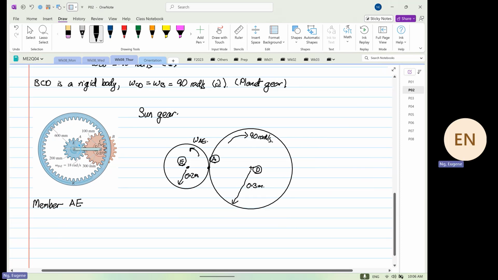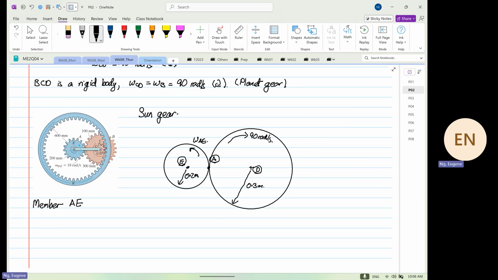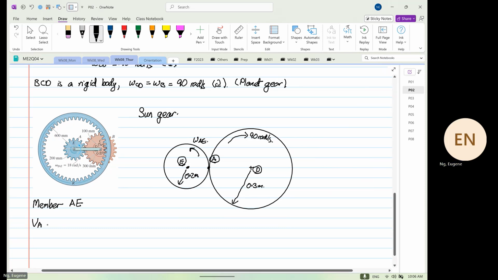By considering member AE, we have the velocity at A equal to the velocity at E plus omega AE cross R A from point E.